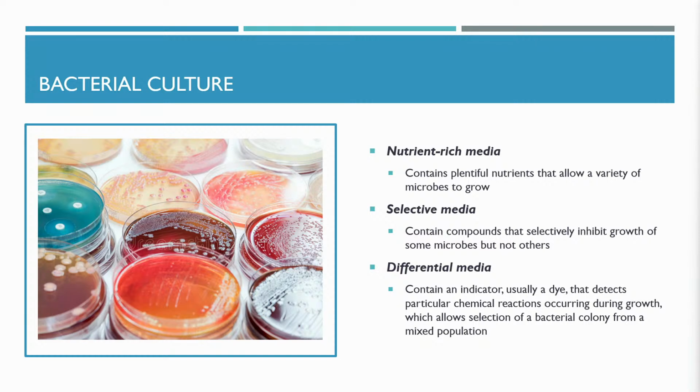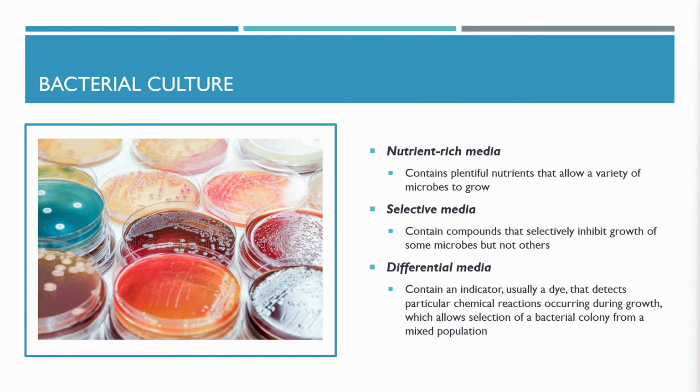So EMB plates, I said, were selective for gram-negative bacteria, but they are also differential. And so what that means is they can grow different types of gram-negative bacteria. There are gram-negative bacteria that are lactose fermenters that can metabolize lactose, and there are some that are non-lactose fermenters. And so basically this dye that is in here is the indicator, and it can then be used by lactose fermenting bacteria so that when they grow on these plates, they grow in this really cool, like golden greenish color.